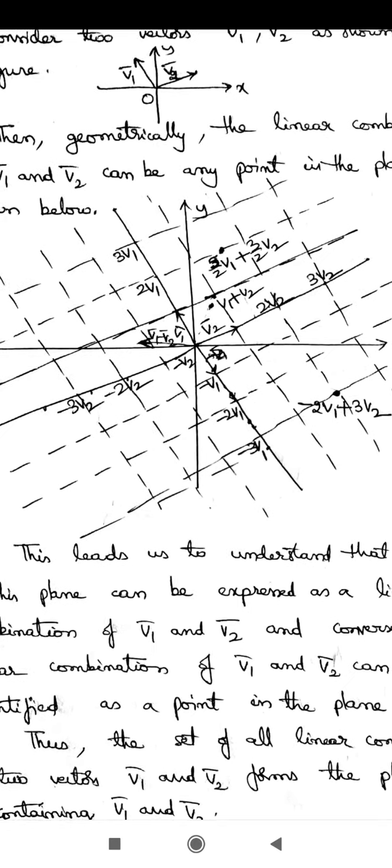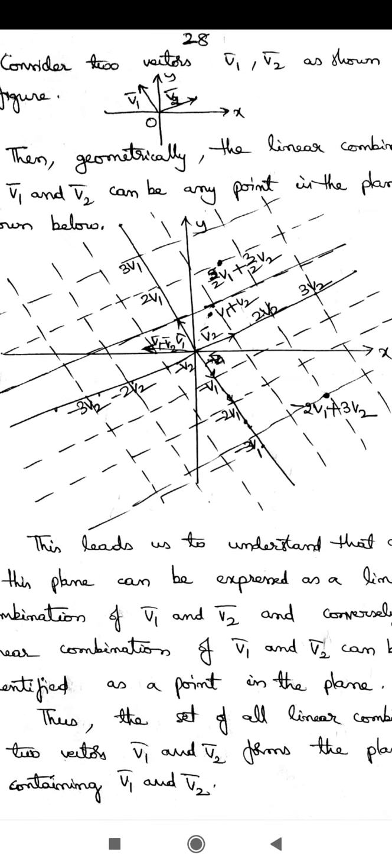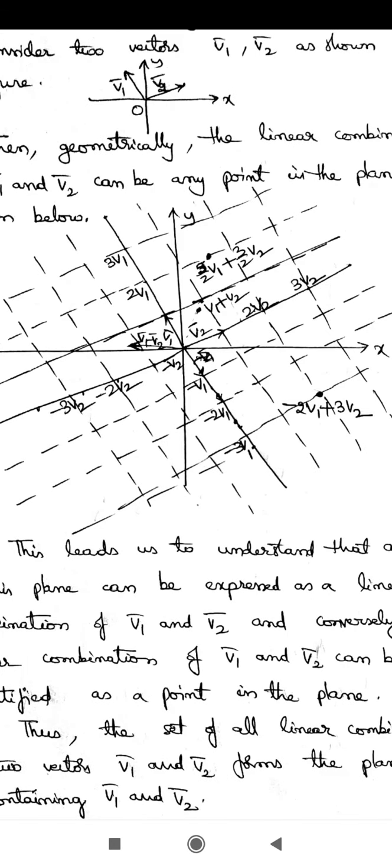That is how in the xy plane itself, including all the four quadrants, we can see all the linear combinations of the two given vectors v1 bar and v2 bar, and we can draw an important conclusion from this: every point in this xy plane denotes a unique linear combination of the vectors v1 bar and v2 bar, and vice versa.